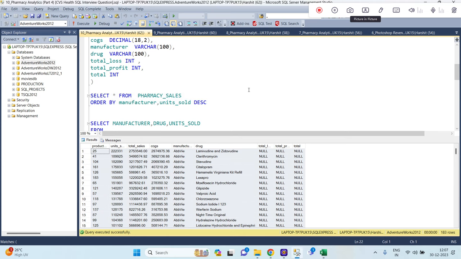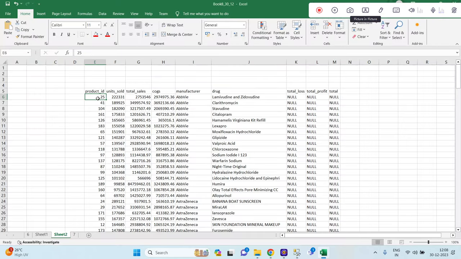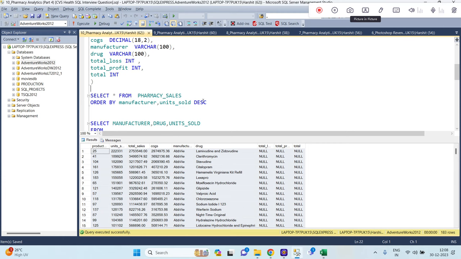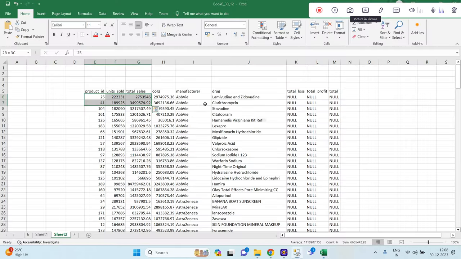I already told, whenever for each manufacturer it is written, we have to use either group by or ranking functions, any of the ranking functions. So in place of in terms of units sold, I have already taken units sold descending, right? So this is our requirement.